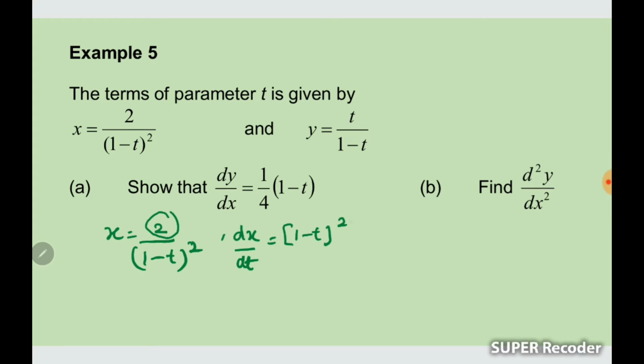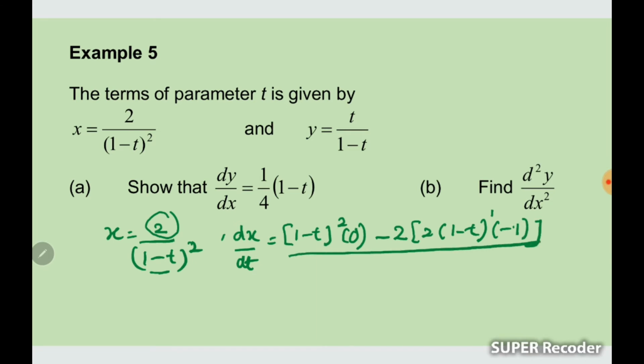The answer is 0. Minus, we copy 2, then you need to differentiate v, that is v prime. So 2 times (1 minus t) to the power of 1, differentiate 1 minus t, the answer is negative 1. Close the bracket. Then you have to divide by (1 minus t) to the power of 4.